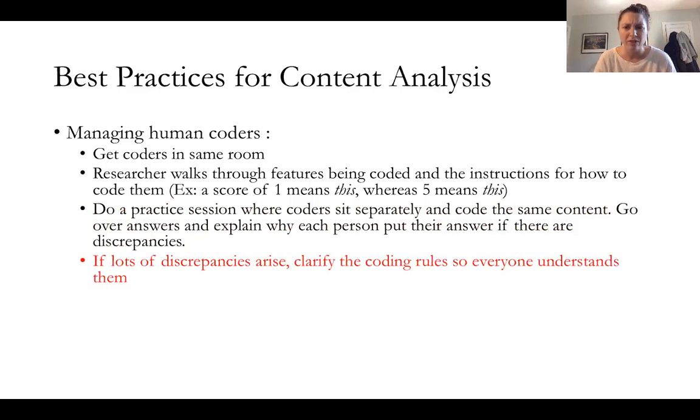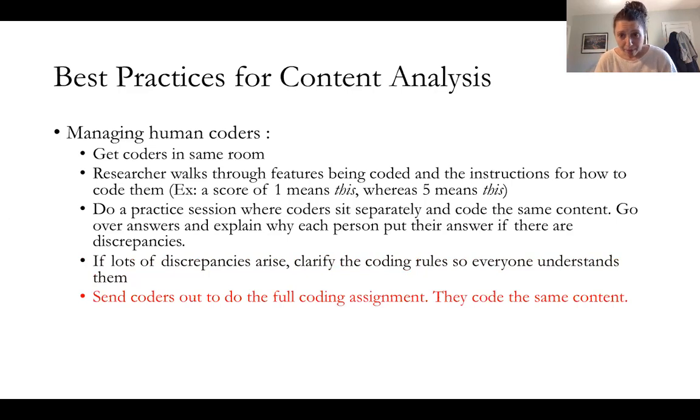The researcher needs to clarify, well, it's impossible for it to get a 4 because it fits the description of a 2 for the following reasons. So there's a lot of back and forth dialogue between the researcher and the coders to figure out why there are discrepancies in their practice coding and getting them back on the same page. This is what a 1 means, this is what a 2 means, etc., etc.